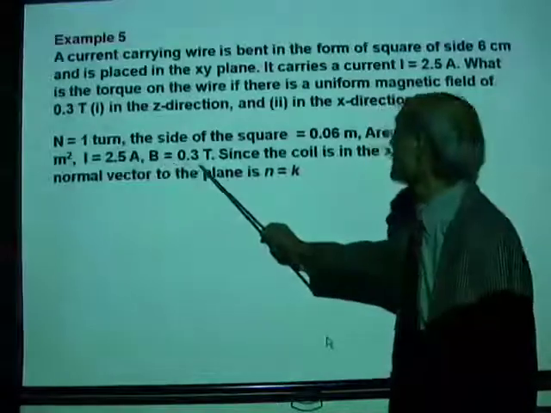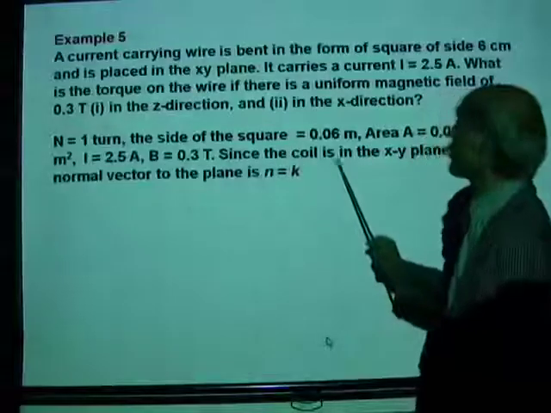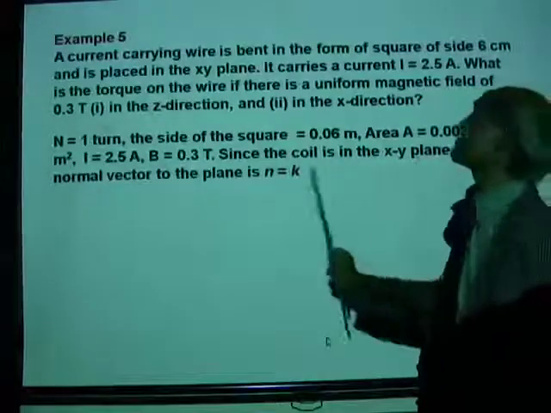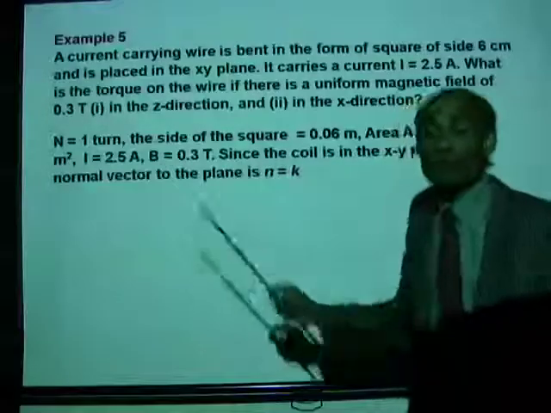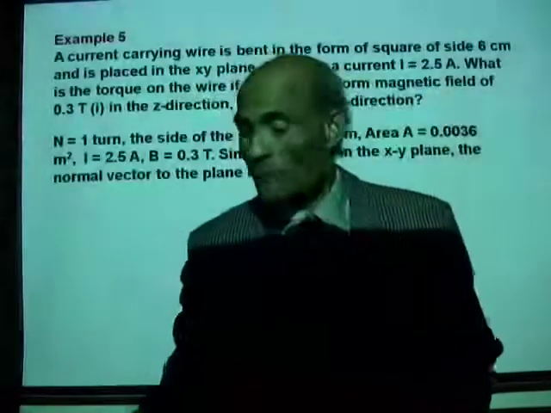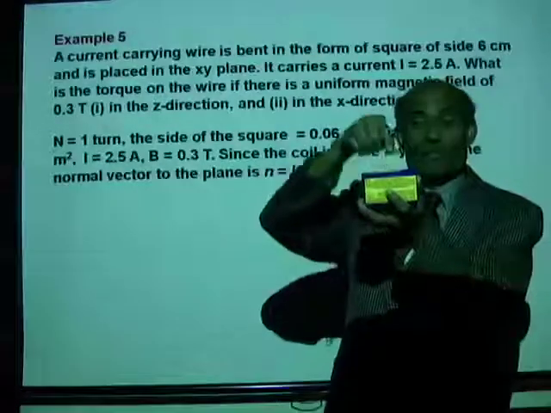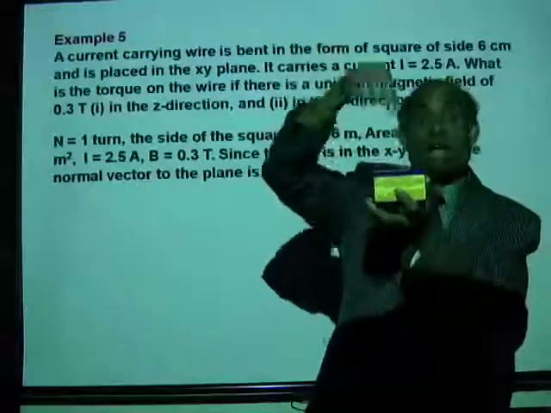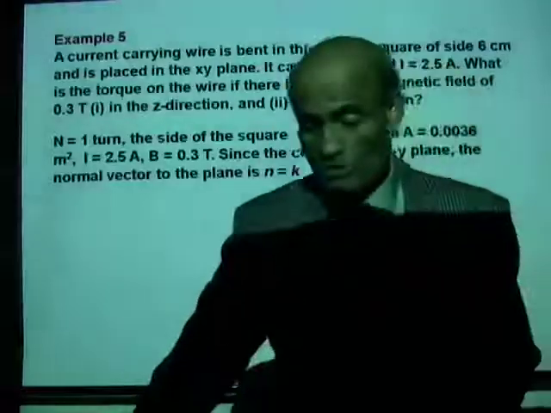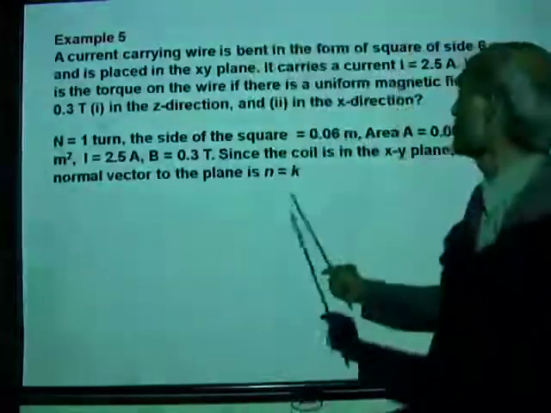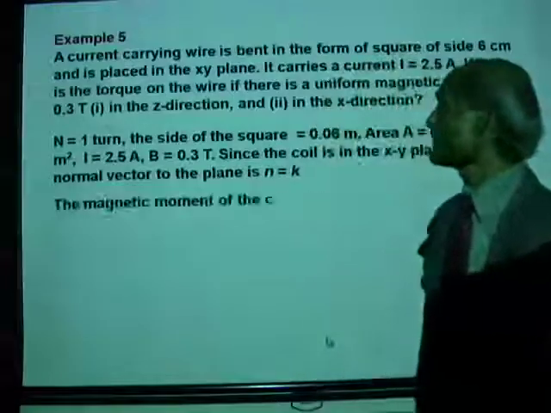The magnetic field is given, and since the coil is in the XY plane, the normal vector will be K, is that right? So N, the normal vector, is K.